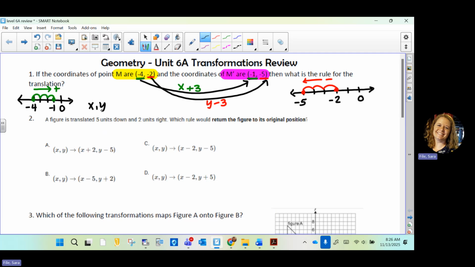My (x, y) becomes (x + 3, y - 3). Okay, if it was asking for it in words, you could say, right 3, down 3.